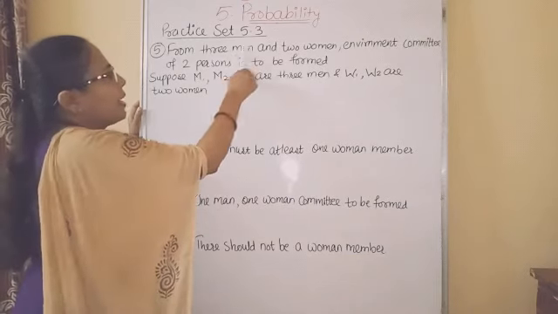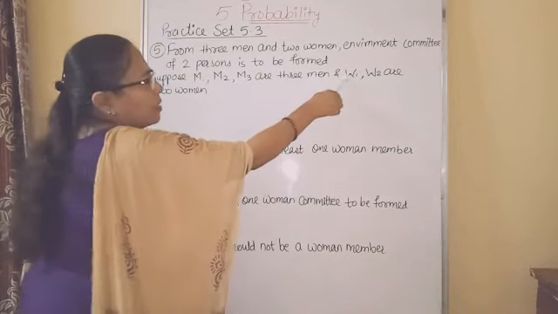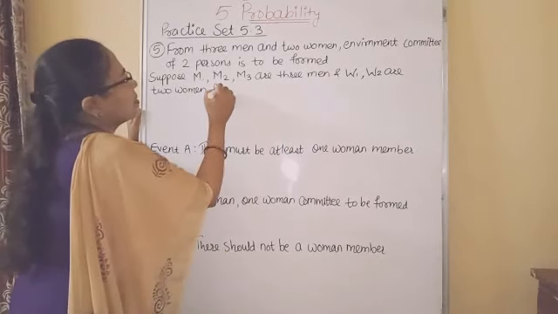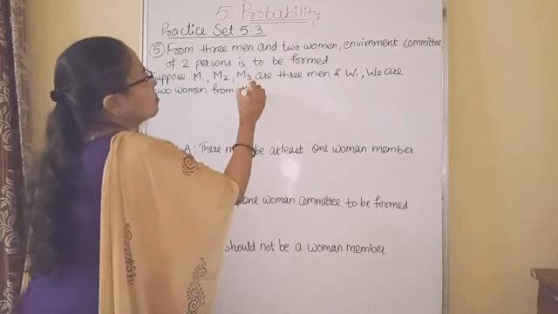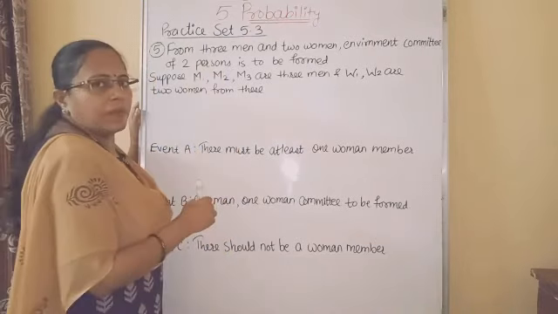Okay, 3 men and 2 women. M1, M2, M3 are 3 men. W1 and W2 are 2 women. From this, a committee of 2 persons is to be formed.